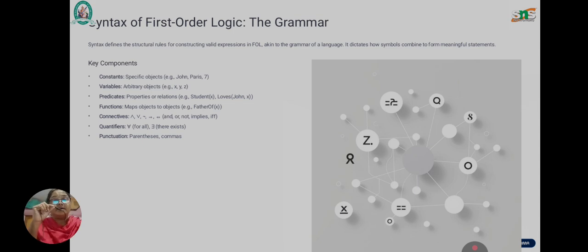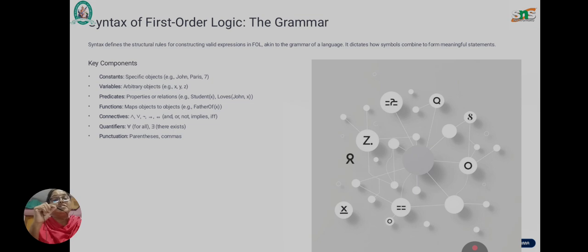Connectives are just like a truth table, like and, or, not, and they are mainly used to imply whether the object implies itself or whether the object implies other objects. For quantifiers, we have two things, that is for all and there exists. We use two different symbols in order to indicate the quantifiers.